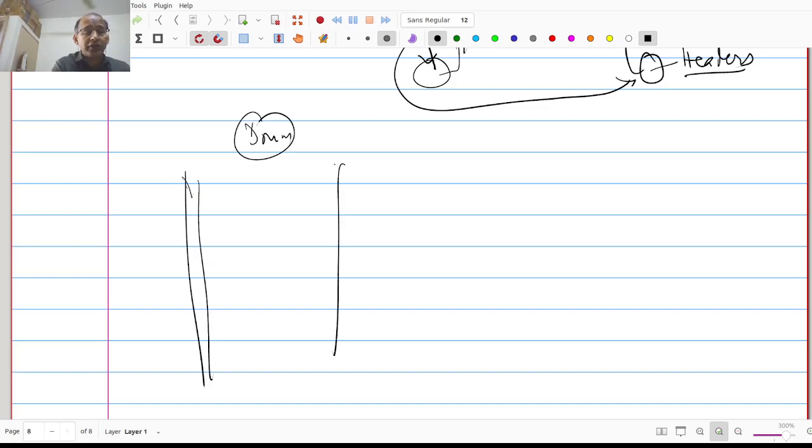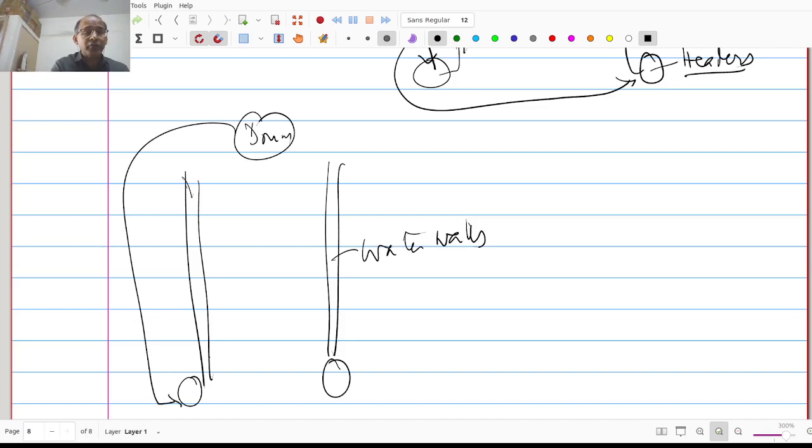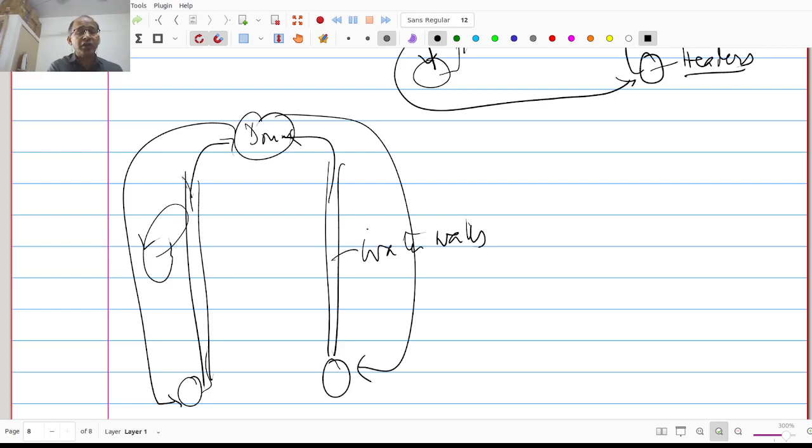You call these water walls, because you don't want the walls of the furnace to face the heat, but you would like that heat to be absorbed by the water. And at the bottom you have the headers. So from the drum you connect downcomers all the way to the headers here, and from this the water rises and goes back to the drum. Okay, so there is a circulation of water that happens here.